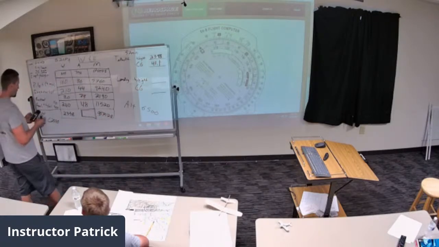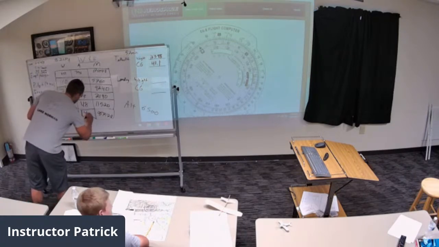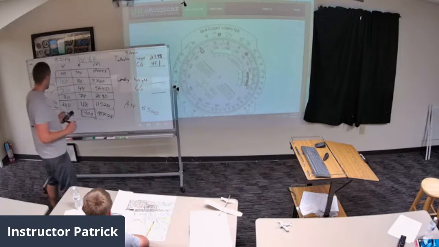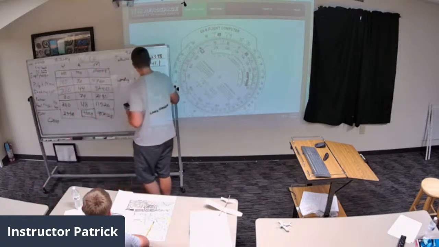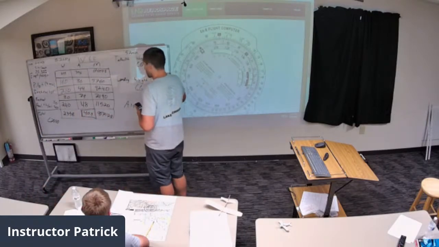Divided by 2338 gives us a new center of gravity of 40.9. Okay? So our landing weight is now 2338 with a center of gravity of 40.9.